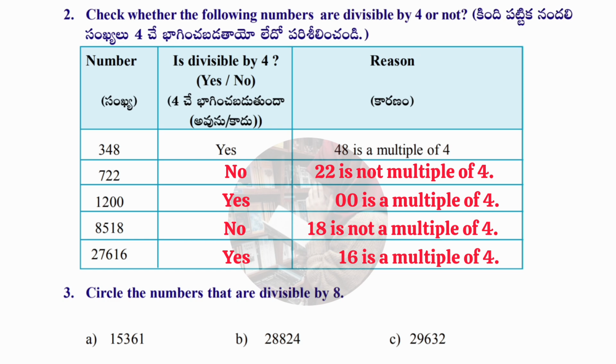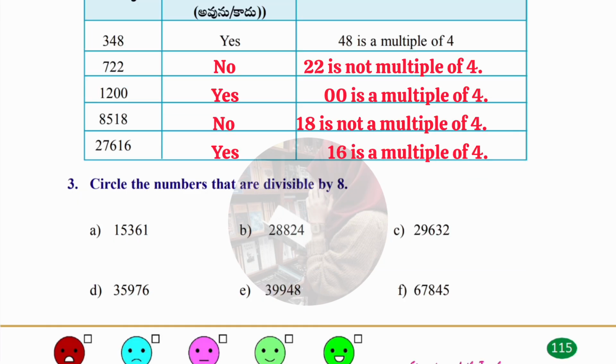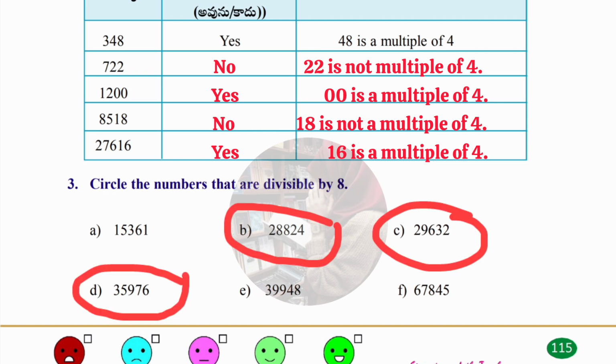So third Roman is circle the numbers that are divisible by 8. Okay, here some numbers are given. We have to circle those numbers which are divisible by 8. Do you know the divisibility rule of 8? So if the last three digits of the given number are divisible by 8, then the given number is divisible by 8. Okay, let's see.